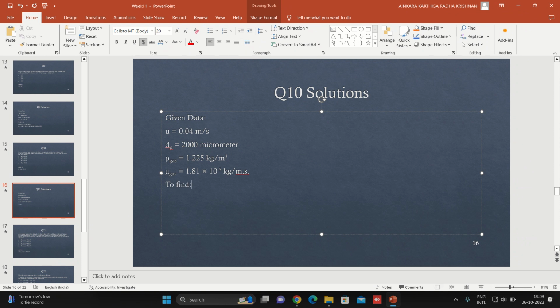What are we going to find? We are going to find the Reynolds number of the particle, or particle Reynolds number, whatever it is. The formula is Re_p equal to rho u dP by mu gas.